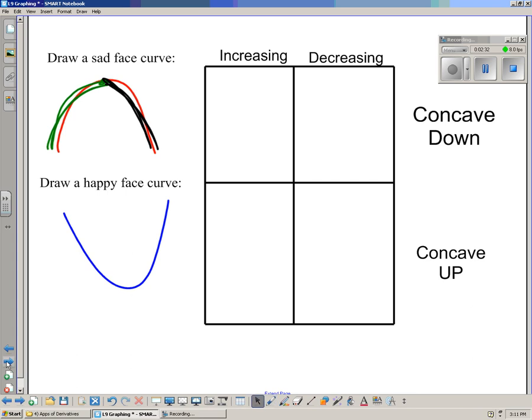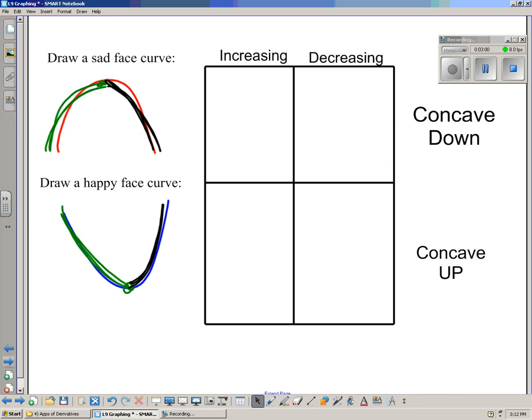Now we can identify, if we take a sad face and a happy face curve and split them down the middle, each of these pieces is going to be two things: either increasing or decreasing, and concave down or concave up. So increasing means we're going up from left to right.